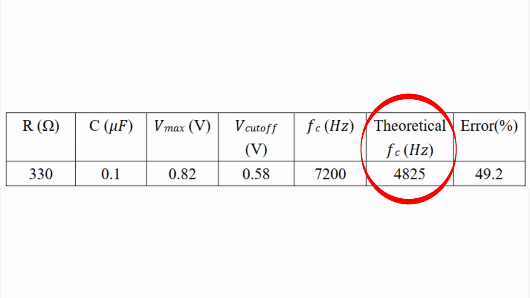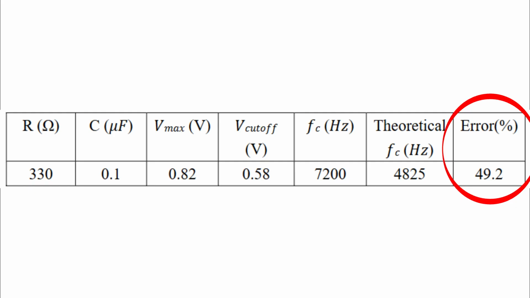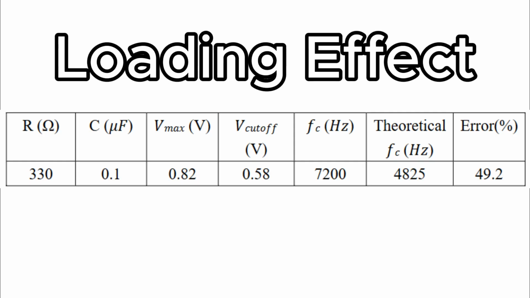The theoretical cutoff frequency is 4,825 Hz. Compared with the experimental value, this is a relatively large error of approximately 49%. This discrepancy can be attributed to several experimental factors. First, in a high-pass configuration, the output is taken across the resistor, making the measured signal more sensitive to loading effect from the oscilloscope input impedance.